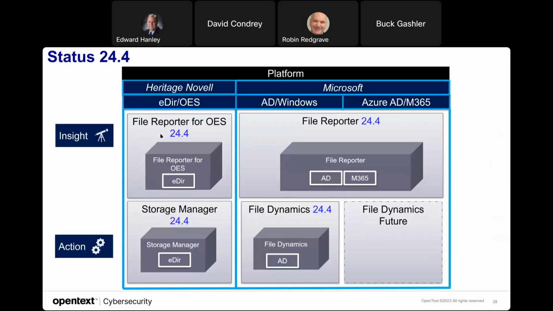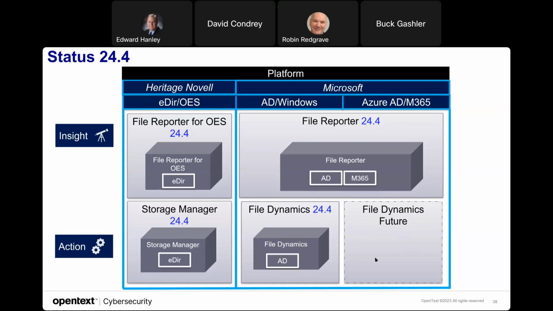So as we sit here today, our status for 24.4 is that we have File Reporter for OES and Storage Manager, both 24.4, in what we refer to as Heritage Novell, our eDirectory OES infrastructure that we all grew up in. And then we have our Microsoft platform deliverables here with File Reporter and File Dynamics.